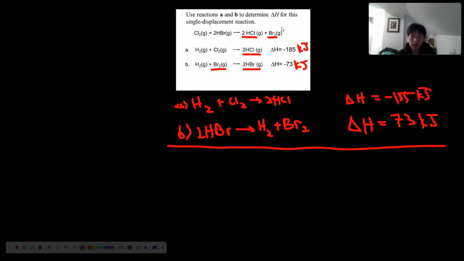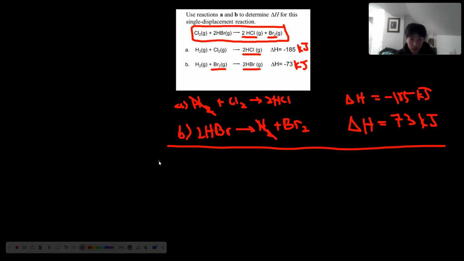Alright. Our end goal is to match up our two reactions, combine them, and synthesize this reaction in the end. Since we have H2s on both sides of the equation, we are able to cancel them out, kind of like in redox.